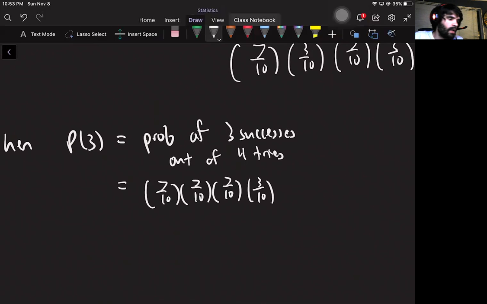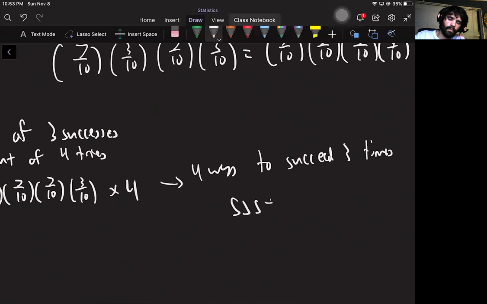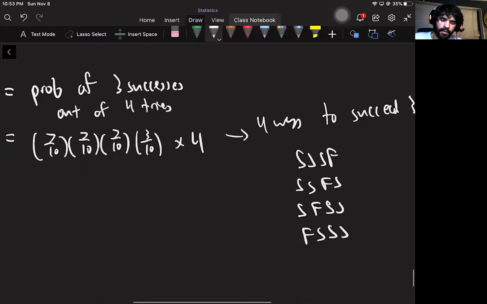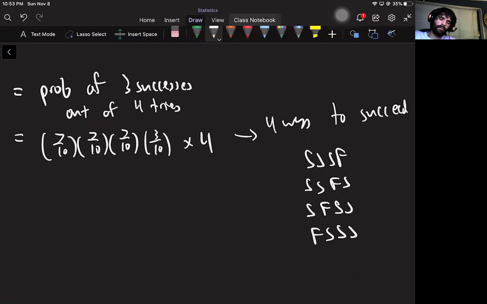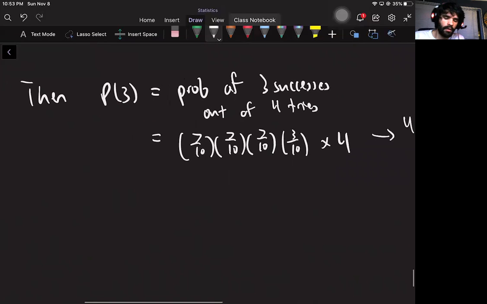But then how many ways are there to do this? There's going to turn out to be 4 different ways. There's 4 ways to succeed 3 times. So you can write them out if you want. But they just sort of are the opposite of failing 3 times, which is sort of 2 sides of the same coin. Succeeding 3 times versus failing 3 times are just sort of the opposite. And there was 4 of the failing 3 times, just like there's 4 of the succeeding 3 times.